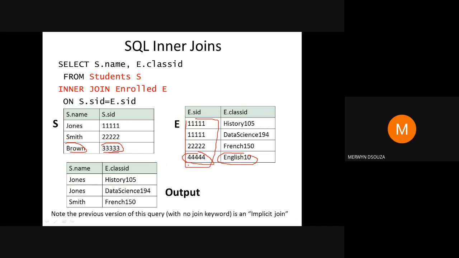If this was threes instead of fours, then the output here would have been Brown and the class ID would have been English 10. Okay, so I hope you got the idea of how the inner join works.